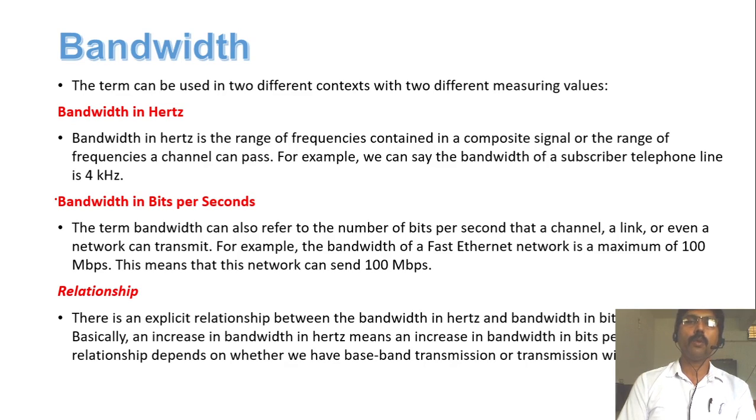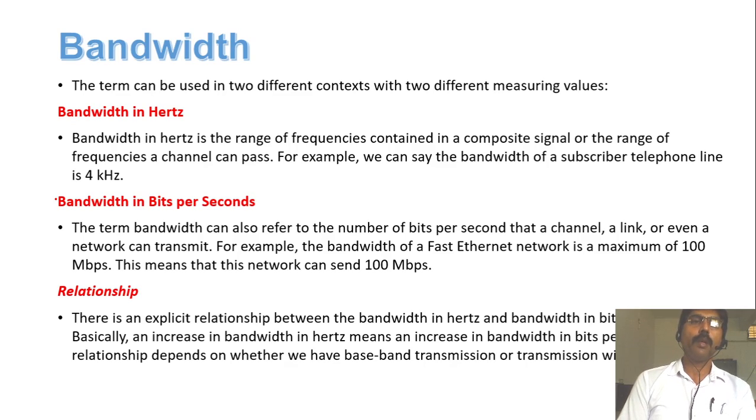These two measuring values are generally used for bandwidth calculation. Bandwidth in hertz is used when you are transmitting data in analog format, but bandwidth in bits per second is used when we are sending data in digital format.